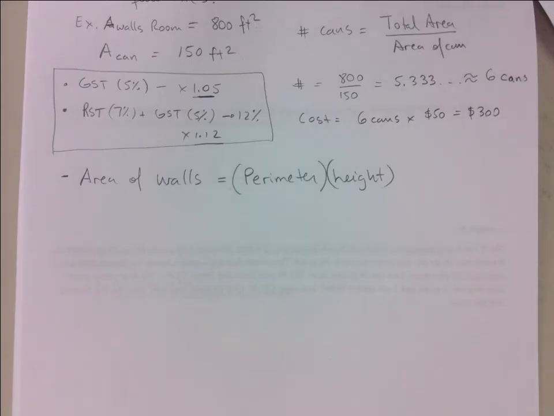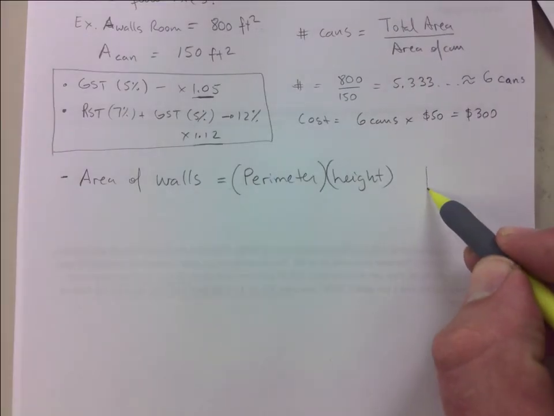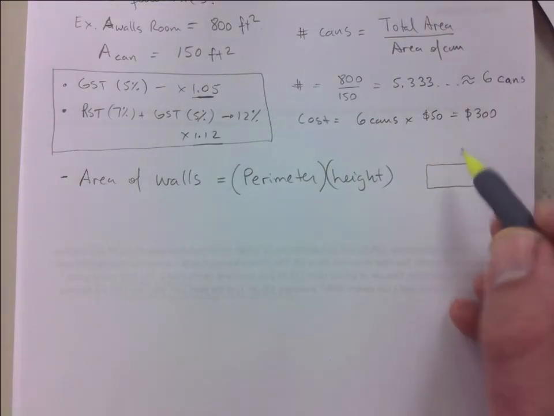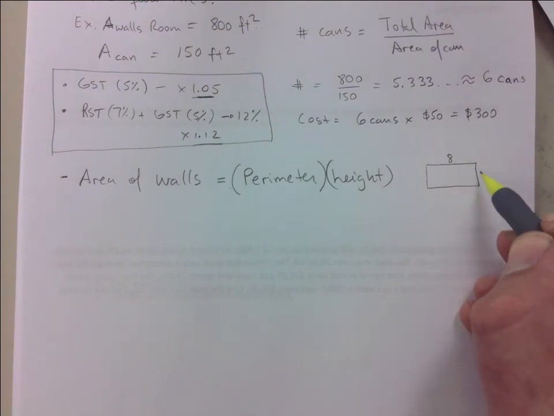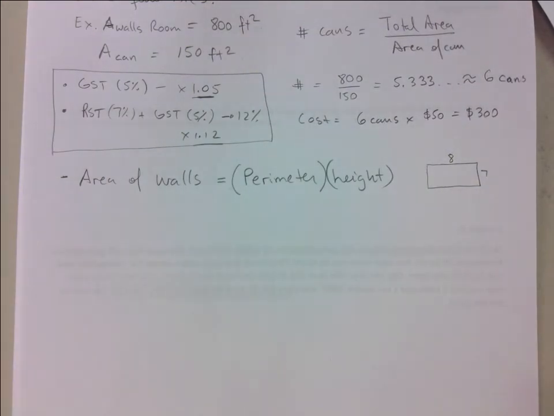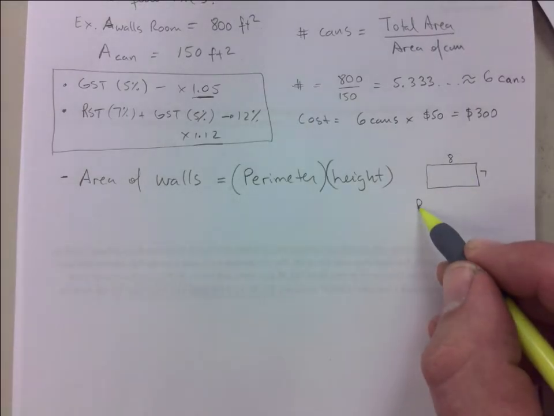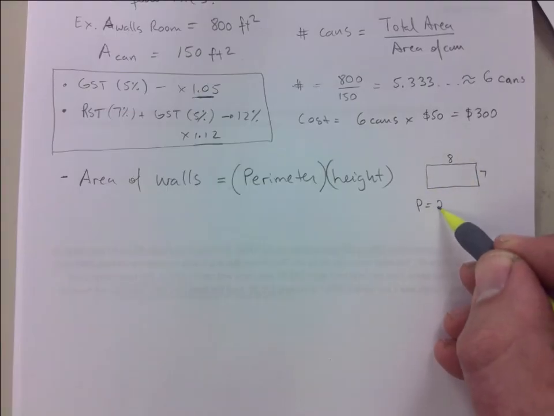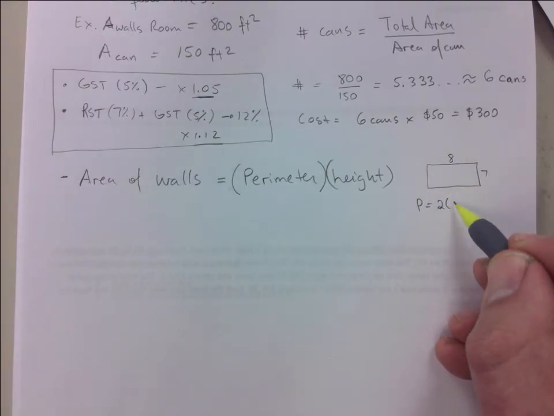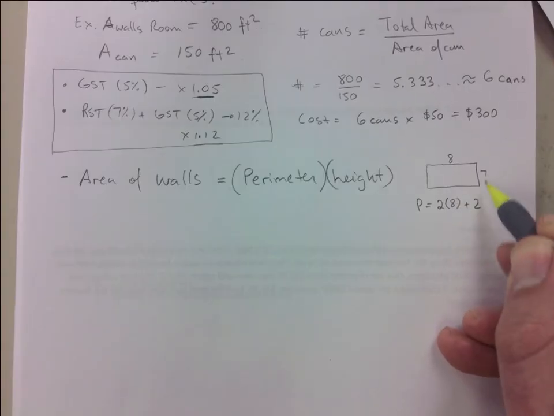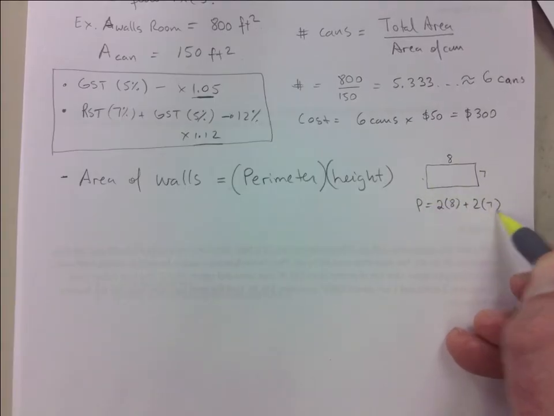If you ever want a quick way to just figure out the area of the walls, you just want to paint the walls. So in a sense, like if you have a rectangular room and you know that this is 8 by 7, you can just go, what's the perimeter of this room? 2 times 8, right? Plus 2 times 7.